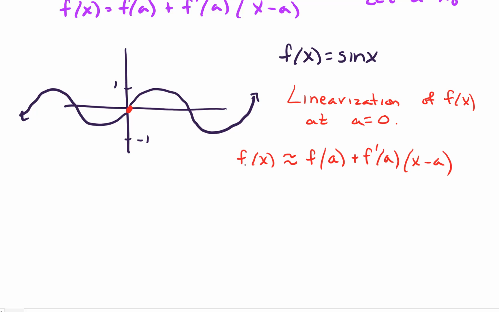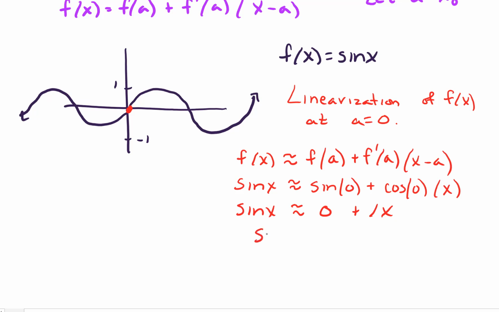So there's our linearization formula, and so what we have here is that sine of x is approximately, let's see, f of a, well, sine of 0, plus the derivative, which is cosine evaluated at 0, times x. In other words, in the neighborhood of 0, we have sine of x is approximately x.